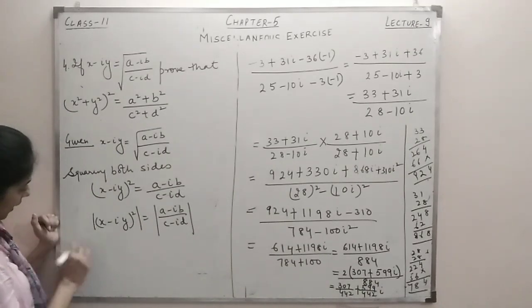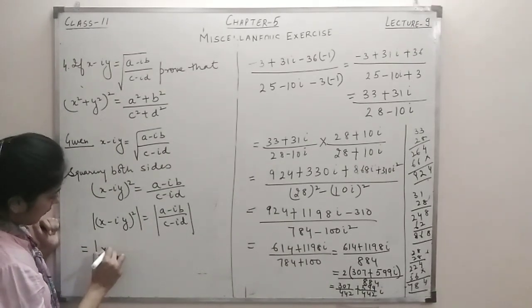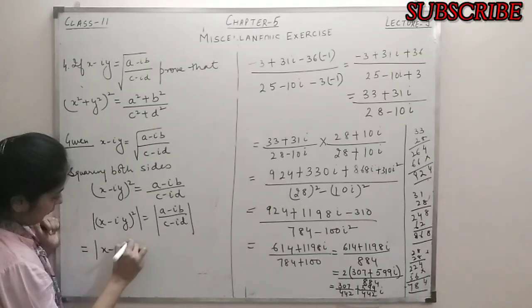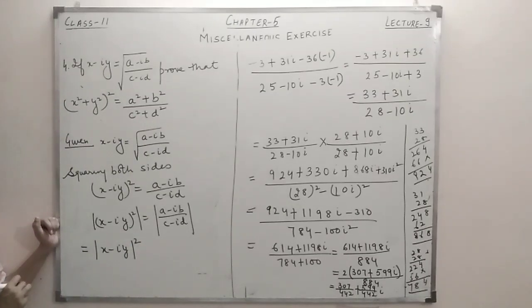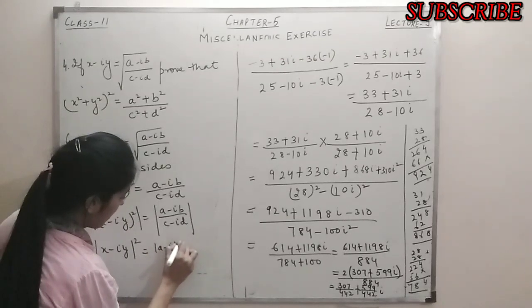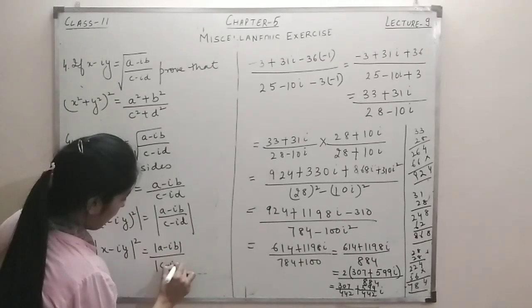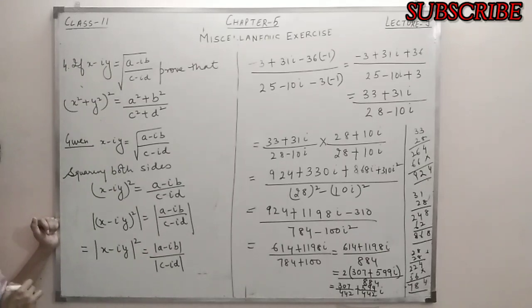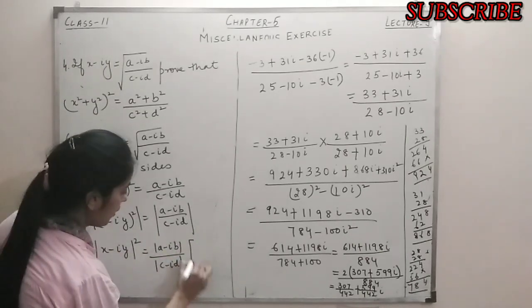After that, can I write this as, and in the right hand side we can use the property of modulus again. How have we written it?